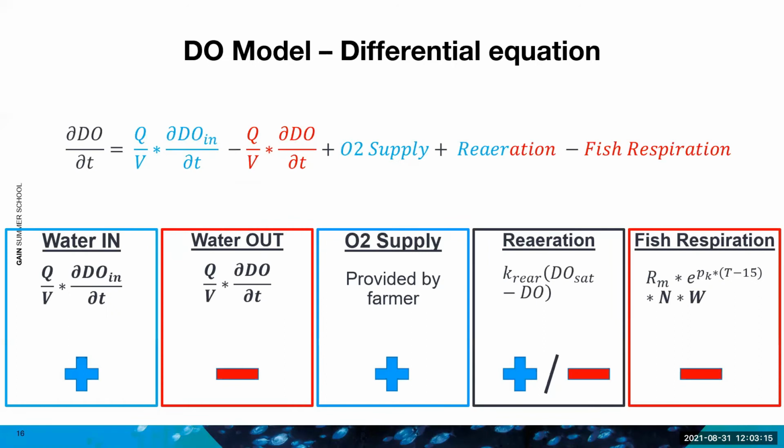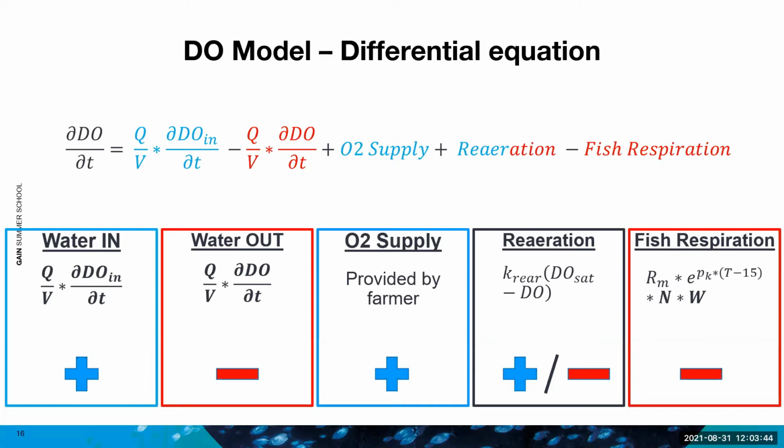The result is this differential equation. So don't be afraid, it's quite simple. You've got in blue the positive contributor, and in red the negative contributor to the mass balance of oxygen. So again, the water that comes in is a positive contributor. The water that goes out is a negative contributor. The oxygen supply provided by the farmer is a positive contributor.